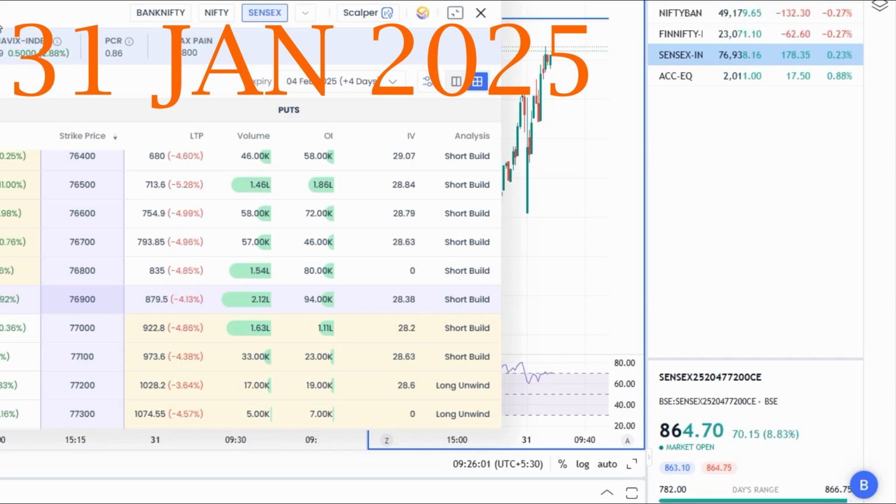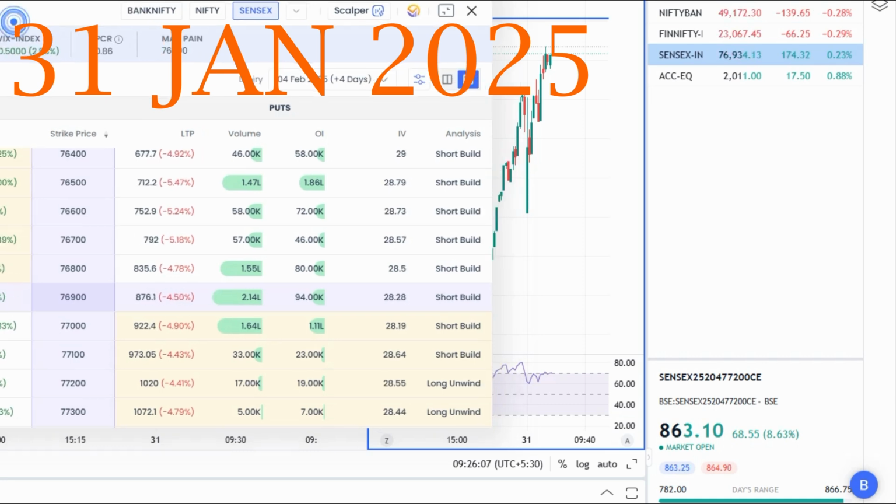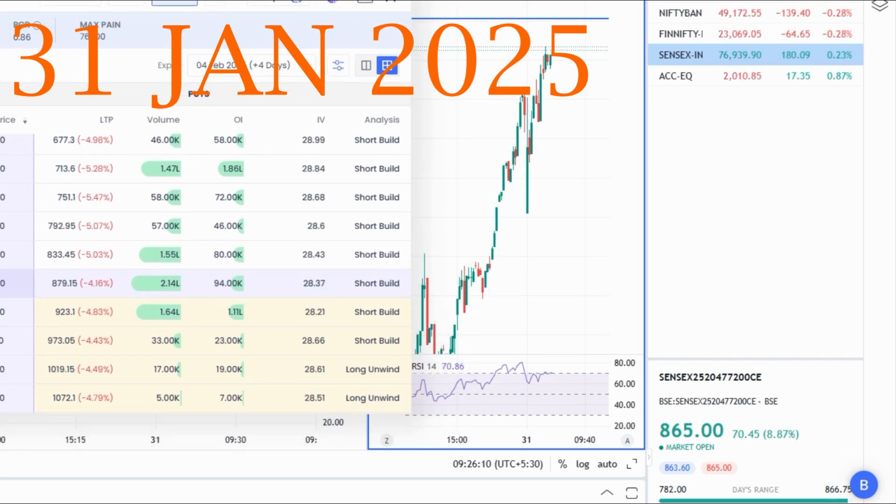Time is 8:22. Still we have not reached our target, 865. 875, 876, nearing the target of 50 points only.